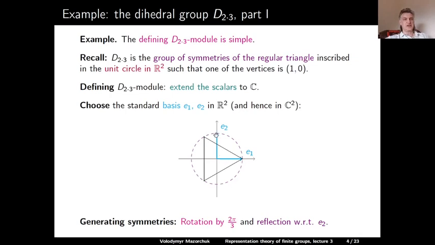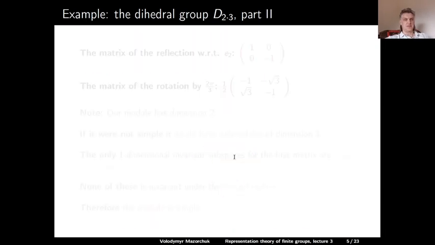So this is a reflection in the vector e2. So e2 goes to minus e2, and the orthogonal complement of e2 stays the same. So the matrix of the reflection then is as follows. The reflection with respect to e2 preserves e1, so e1 goes to e1, the first column is (1, 0), and it sends e2 to minus e2.